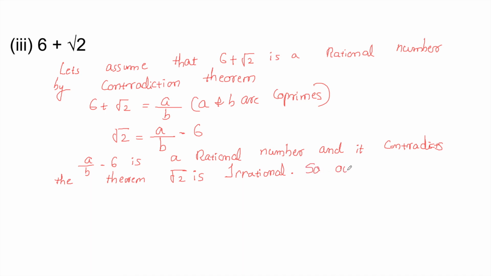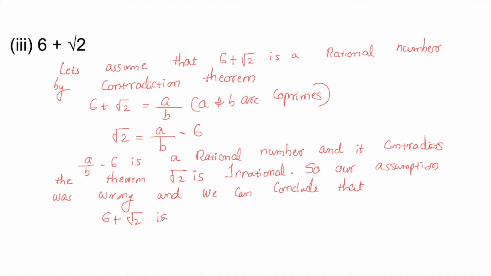So our assumption was wrong and we can conclude that six plus root 2 is irrational. Okay.